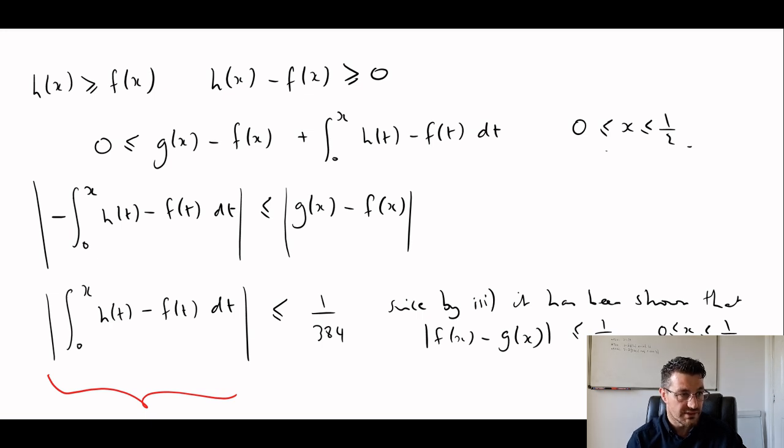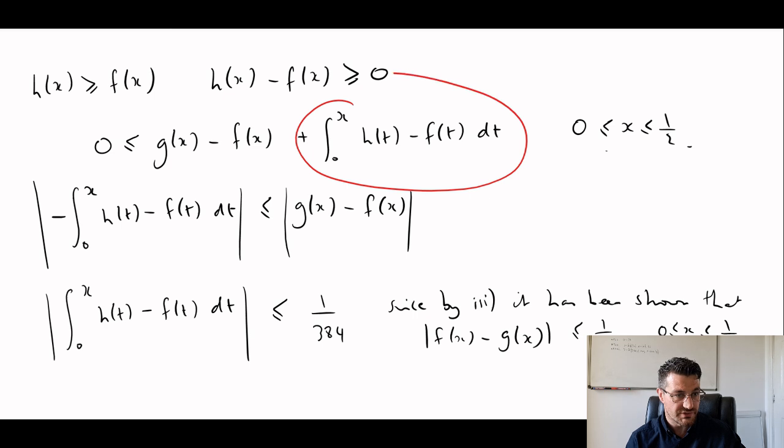Yeah, okay, right. I'm going to backtrack. Sorry about this. I'm going to backtrack a little bit. I'm just going to change this bit here. I should have done this sooner.